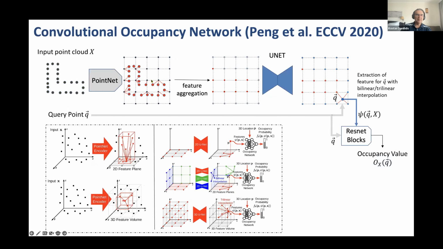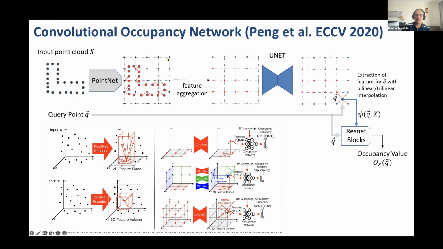So I will present two approaches which are related to ours. One, because it applies local operations, is the convolutional occupancy network, which takes an input point cloud and feeds it through a PointNet, where you get local representations. These local representations you can aggregate either onto two-dimensional feature planes or directly into three-dimensional feature volumes.